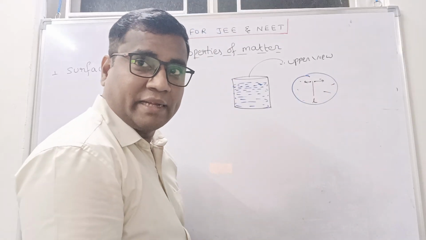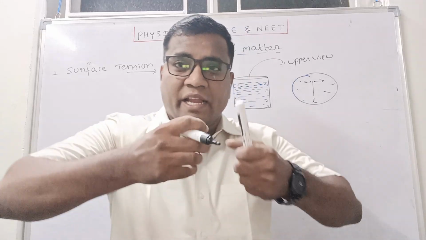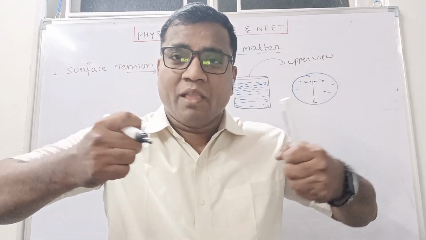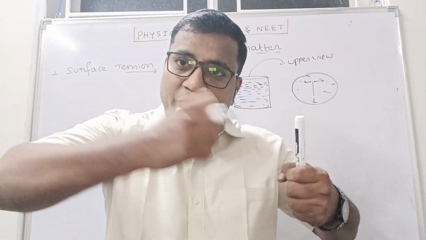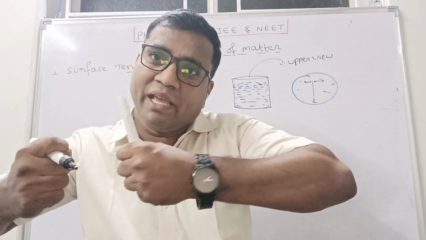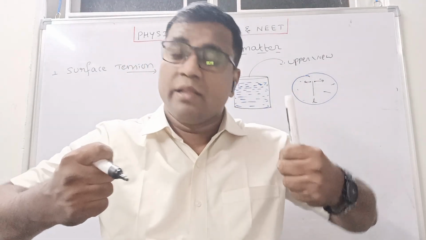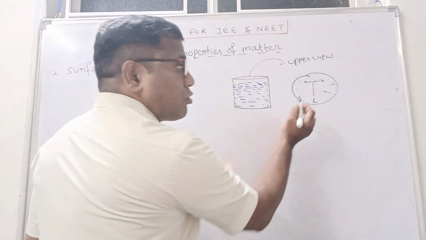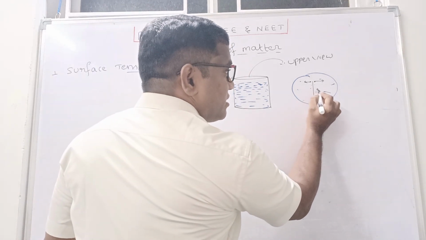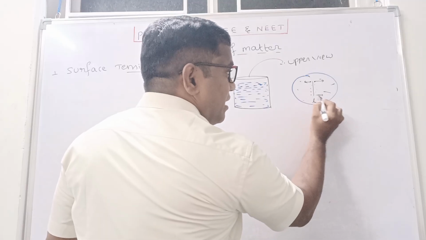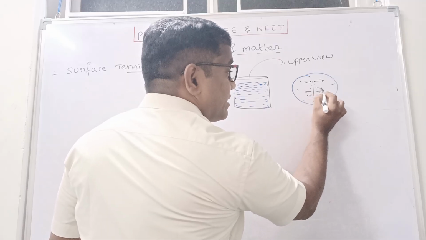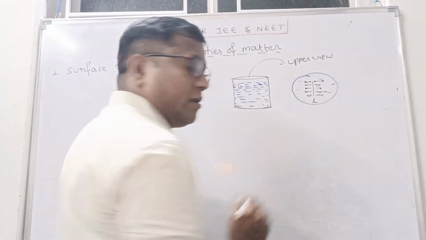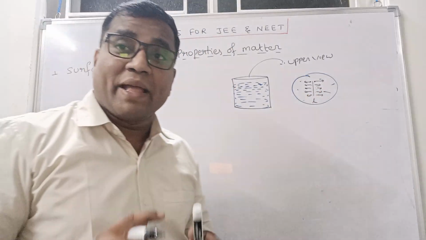What we discussed is that it acts as a stretched membrane. For that, from here one force has to act, and from here one force has to act. Then only it acts as a stretched membrane. So not only at this point, at these points, now everywhere force is acting outward.